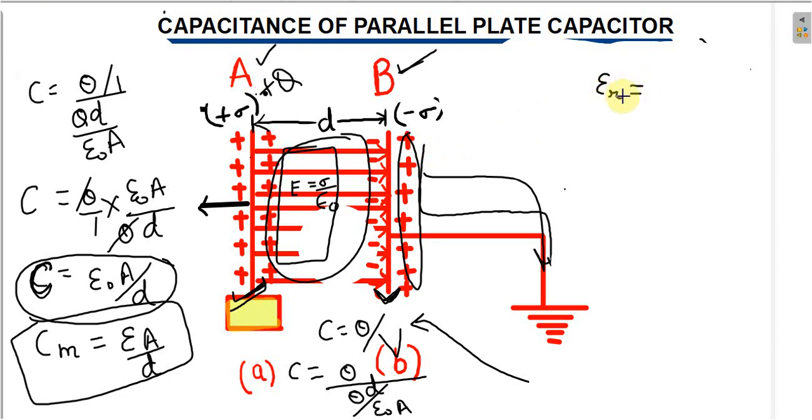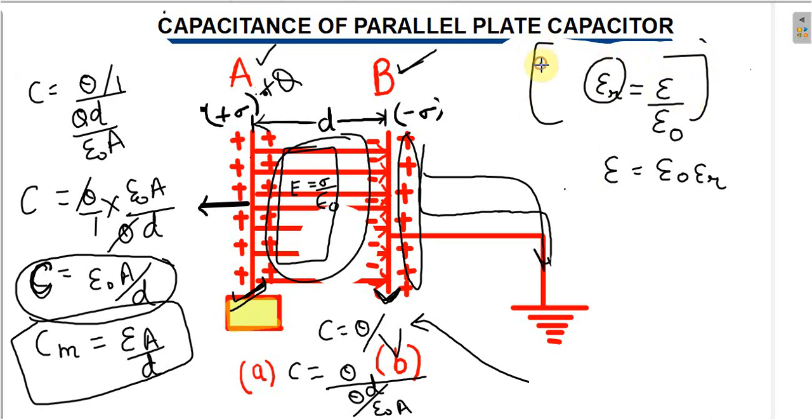This is the ratio of electrical permittivity in the medium with respect to the vacuum. So you can write epsilon is equal to epsilon naught epsilon R. This is relative permittivity. We already discussed this in the electric field topic.